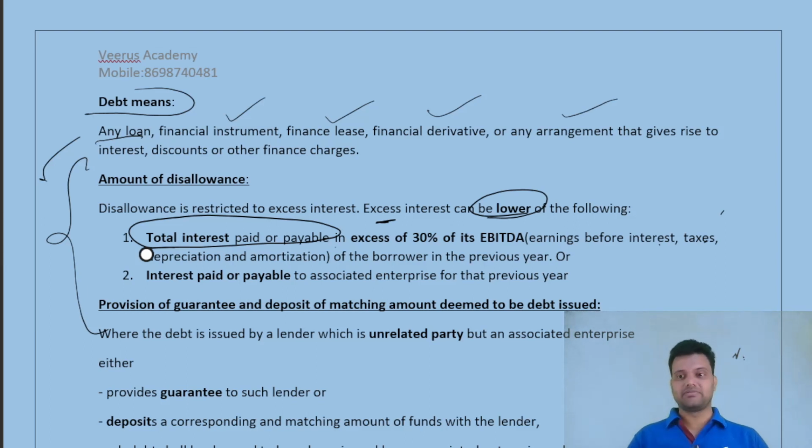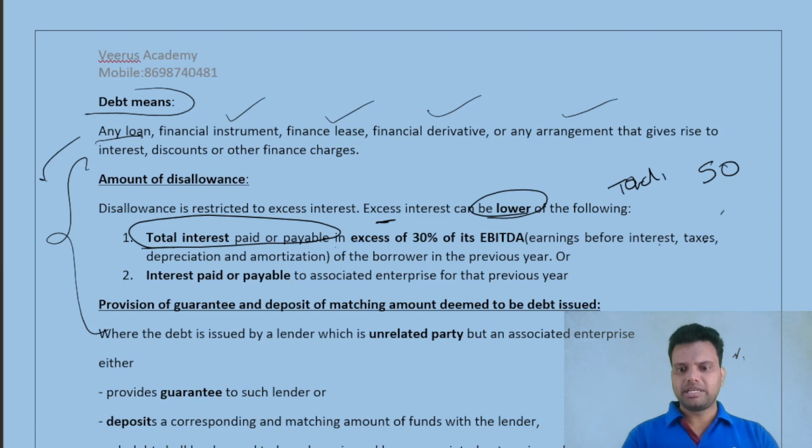For simplicity, let us take an example with small numbers: total interest paid or payable is 50.